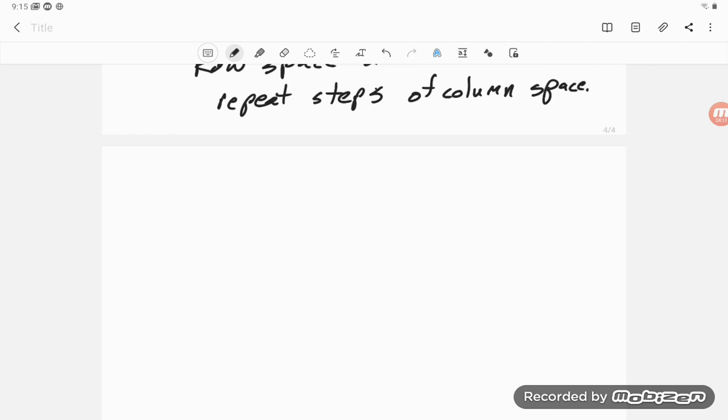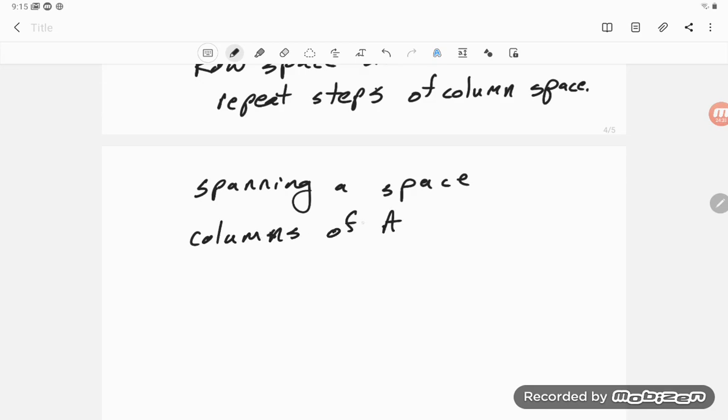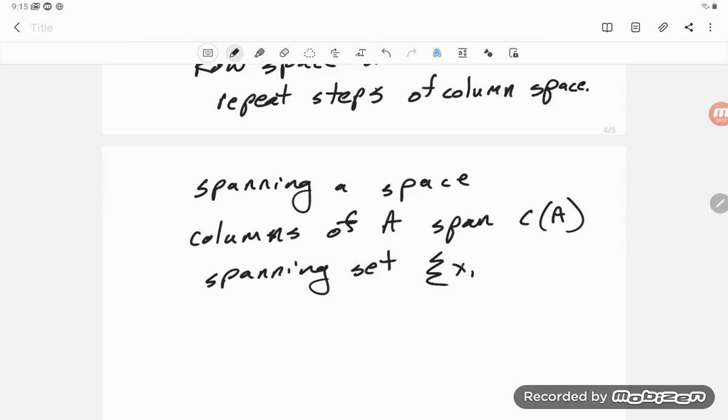But we do talk about spanning a space. And so what we would say here is that the columns of A span C of A. Okay, and a spanning set, and I'll use A's, a1, a2, up to some an.